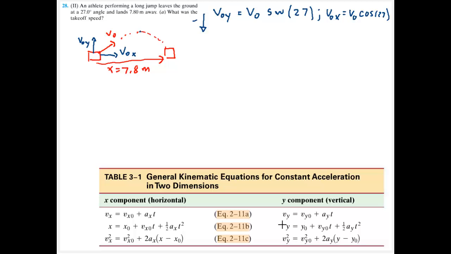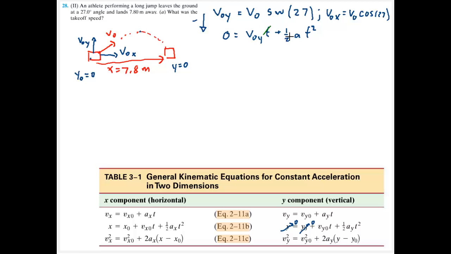I'll do that first using the y parameters. I'm going to say it's going to start off on the ground. The ground is 0, so y naught is going to be 0, and similarly y is going to be equal to 0. I'm going to use the same equation as last time. I'm going to say y is equal to 0, y naught is equal to 0, and so I'm going to end up with 0 is equal to v naught y multiplied by time plus 1/2 acceleration times time squared.